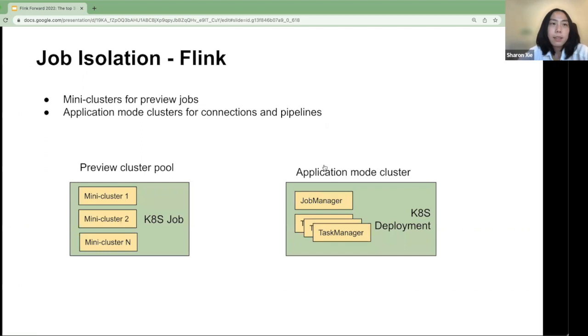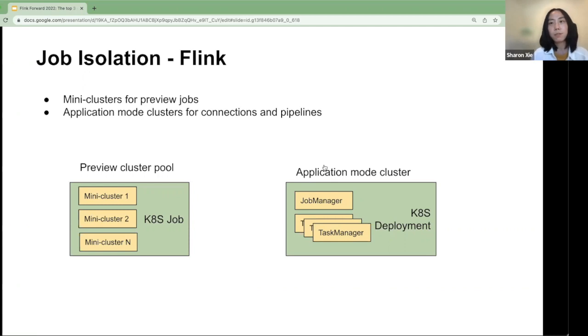The next thing is job isolation. And this is how we isolate Flink jobs. We actually use different Flink deployments for different use cases. On the left side, we use mini clusters for preview.